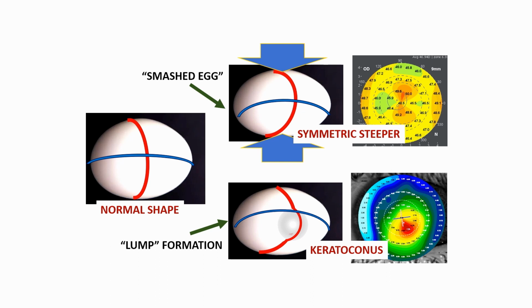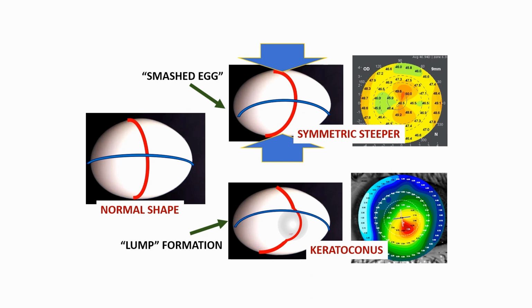They don't have what in Spanish we call chinchón, okay, the lump. I don't know how it's called. Tangusa. The cornea has not the tangusa. Okay, there is no biomechanical focal failure.